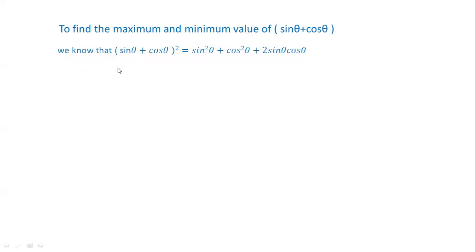Now you know sin theta plus cos theta bracket square is equal to sin square theta plus cos square theta plus 2 sin theta cos theta. This is the identity. This is 1. So it becomes 1 plus 2 sin theta cos theta. Now 2 sin theta cos theta is sin 2 theta.